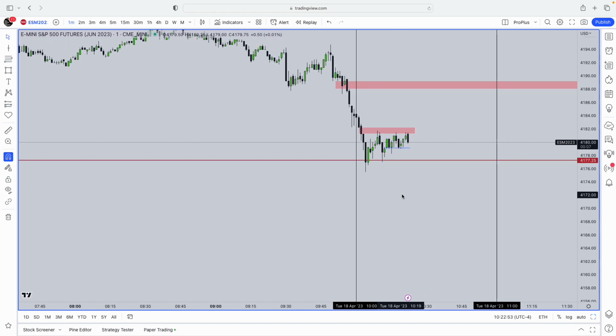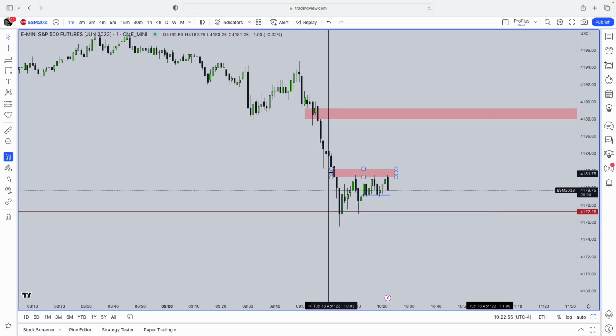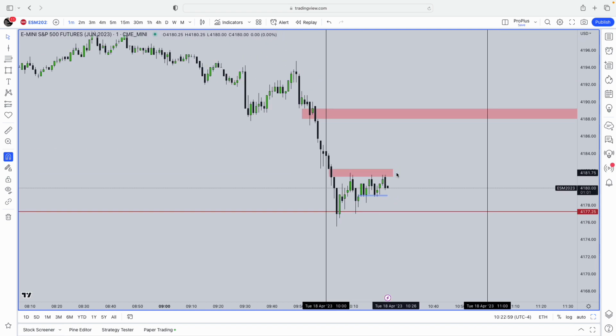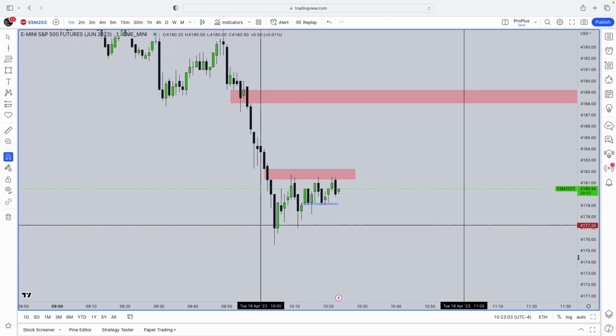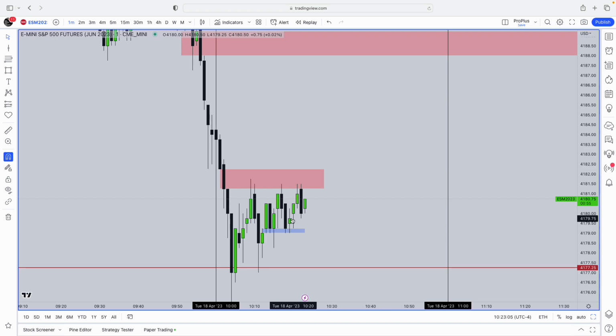So once price breaks, or if it does break above this SIBI, this fair value gap, and it shows support, then it would become an inversion fair value gap. Volume imbalance there. Keep an eye on that.